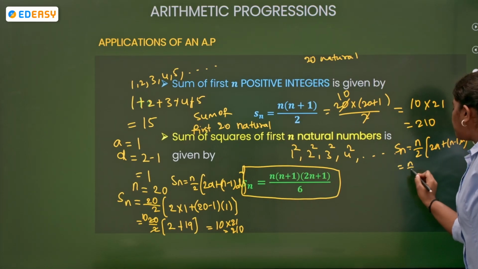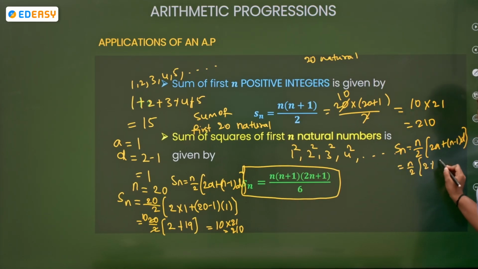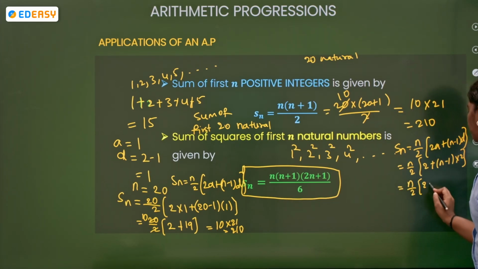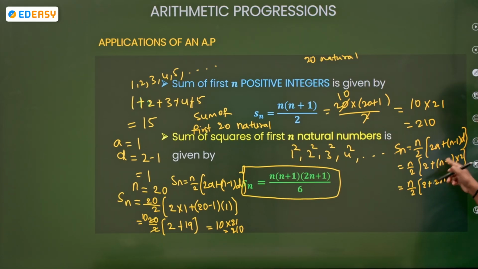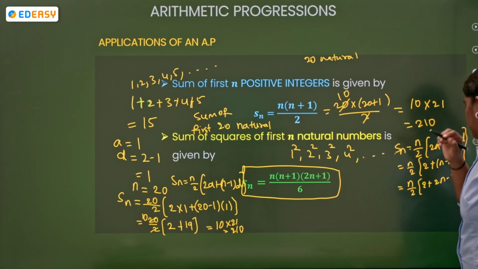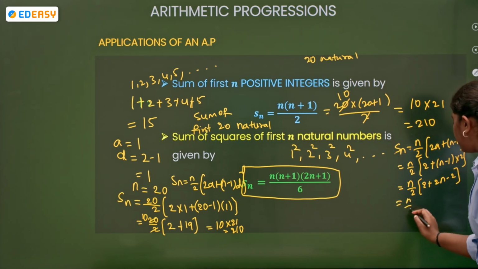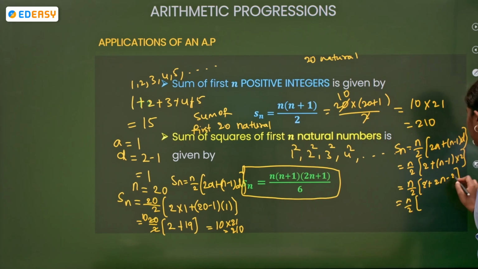So n by 2 into 2 plus n minus 1 into 2... Now n by 2 into 2 plus 2n minus 2. Clear? The 2 and minus 2 cancel, so we will be getting 2n.